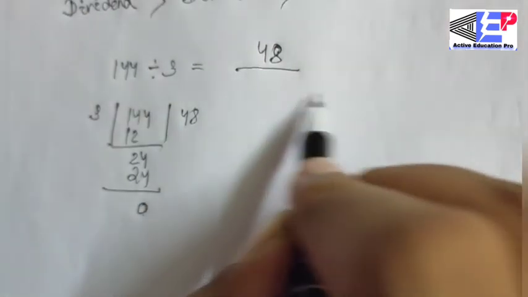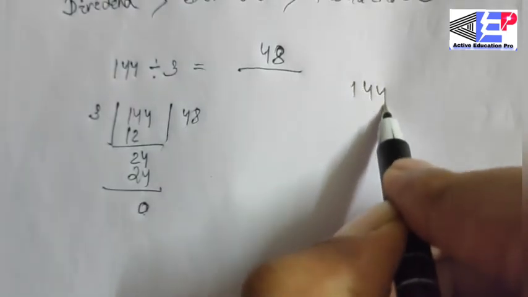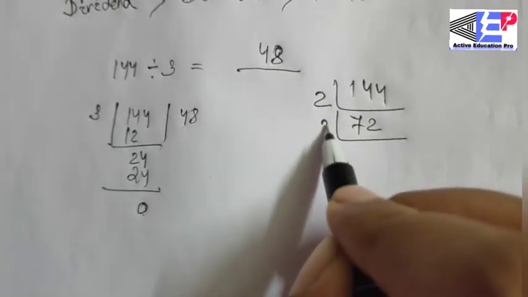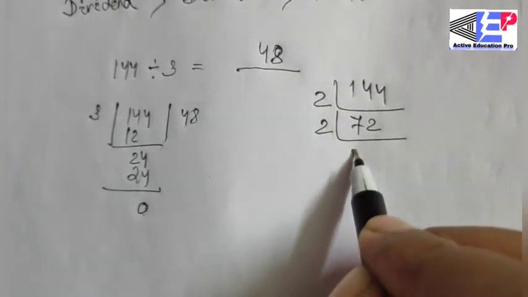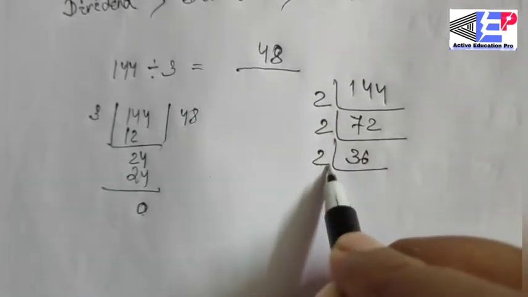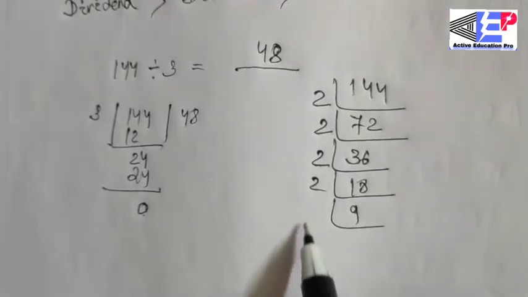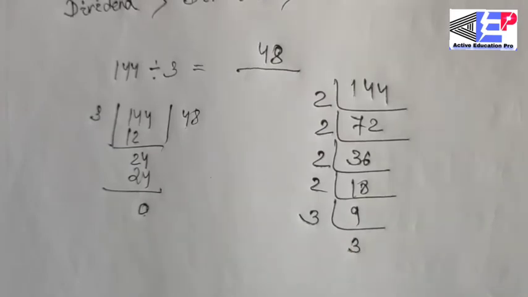First factorize 144. 144: 2, 72, 2, 36, 2, 18, 2, 9, 3, 3.